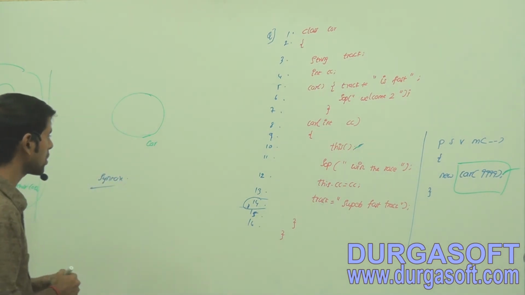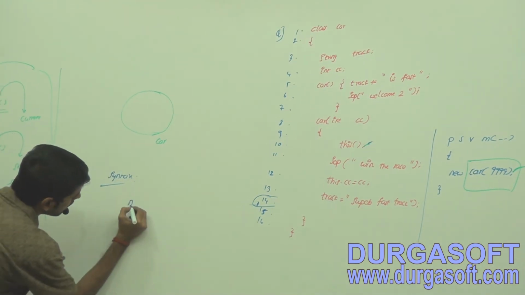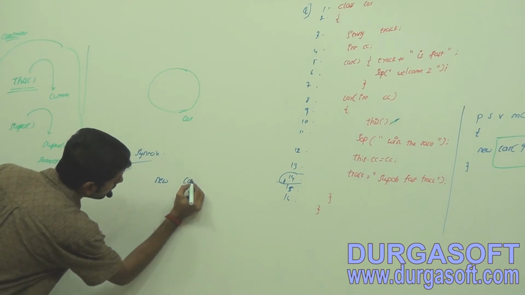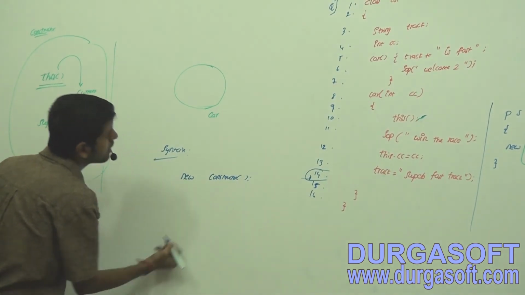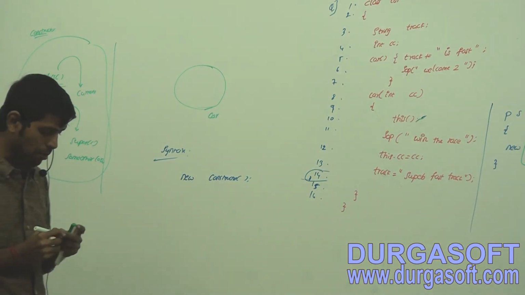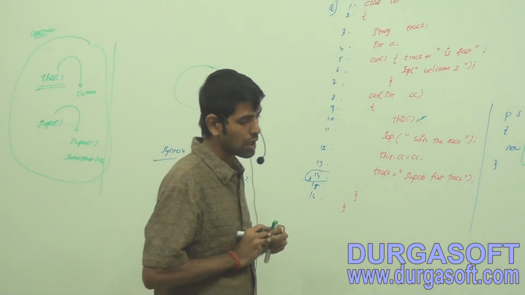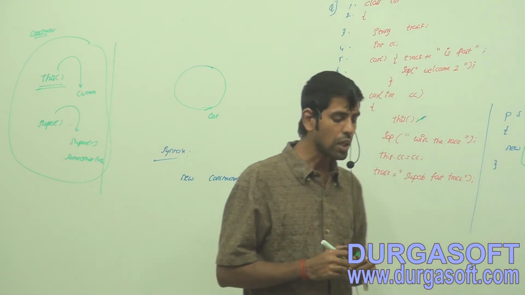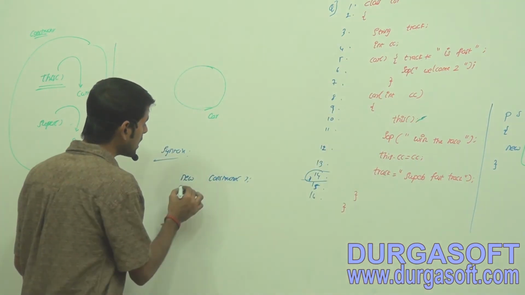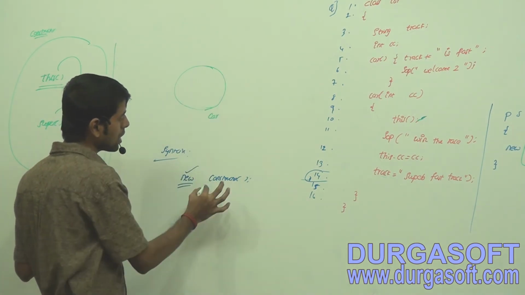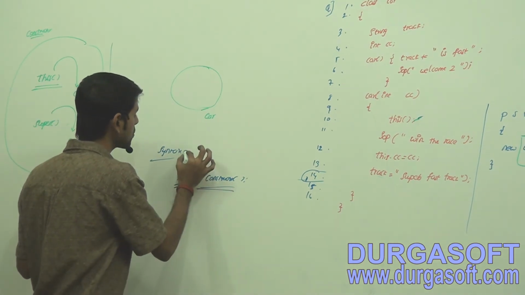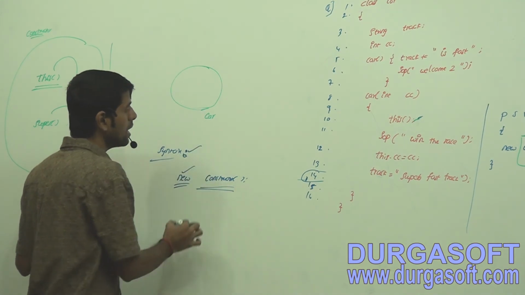Now observe here. What does the syntax mean? The new keyword followed by the constructor name. After allocating memory, only then are we calling the constructor. This is the syntax.